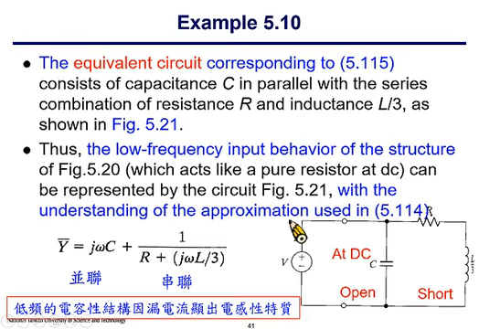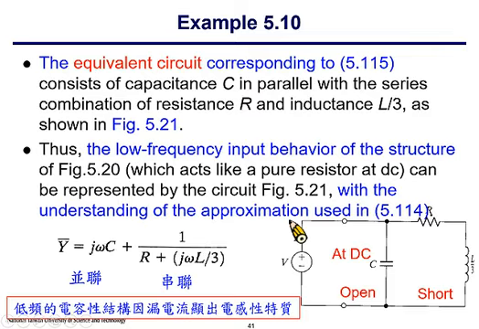And more interestingly, if you try to draw the circuit, you end up with this thing. You have a capacitor in parallel with another line which is a series of a resistor and inductor. However, the inductance of the inductor is only 1/3 for this parallel plate structure.